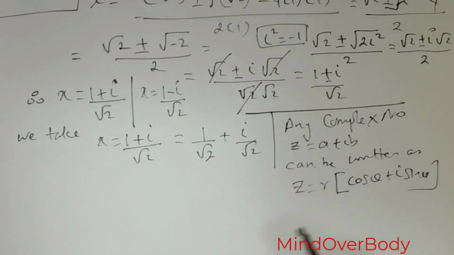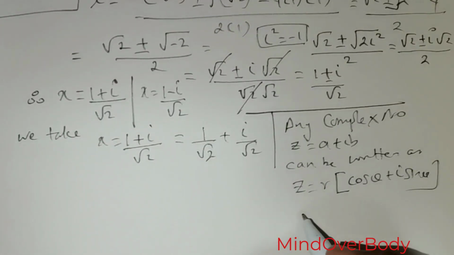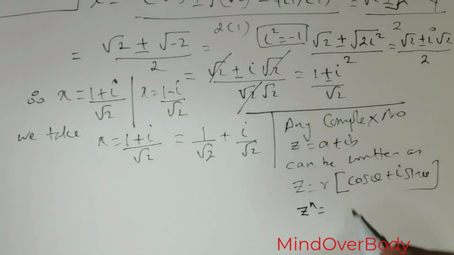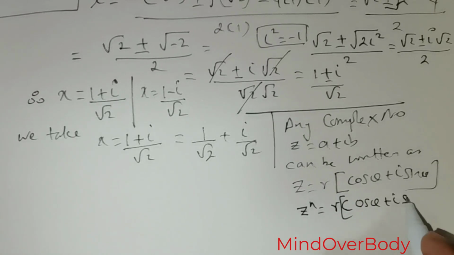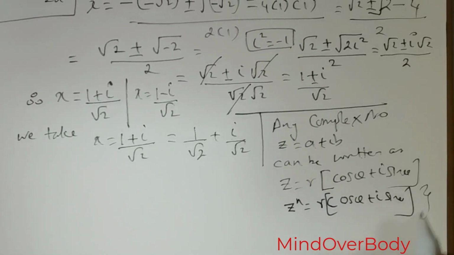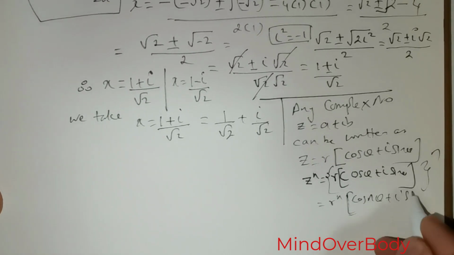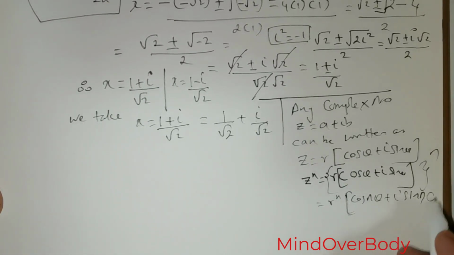This would also mean z raised to the power n can be written as r times cos theta plus i sin theta, the whole raised to the power of n, which in turn is nothing but r to the power n times cos n theta plus i times sin n theta.